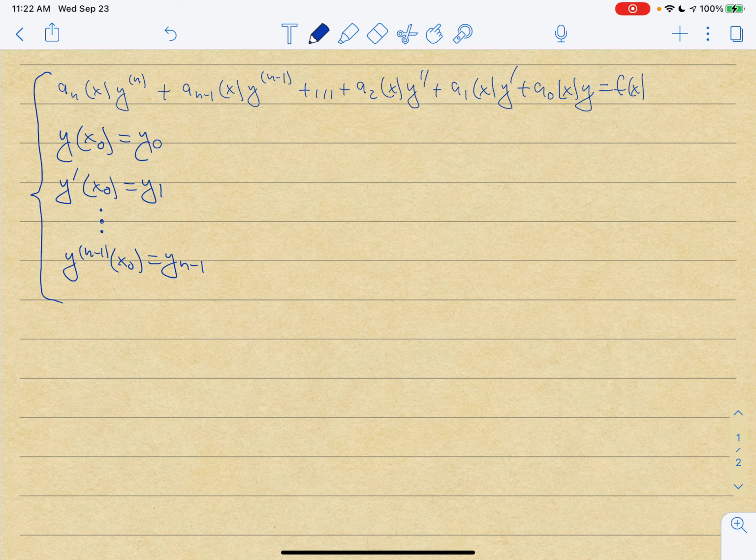So can we guarantee that an initial value problem like this has a solution or not? And apparently we can, and we can formulate the following result.